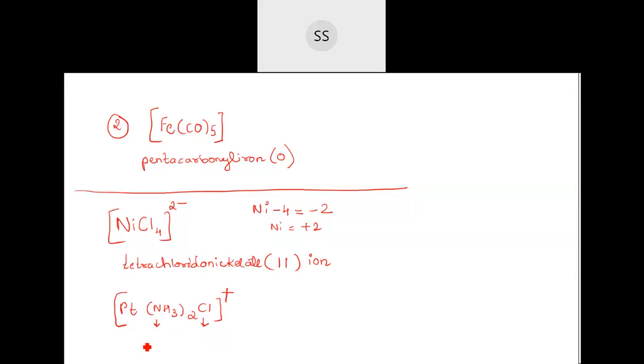Yes, very good. Many of them have answered yes. So it is diamine, then you have Cl, chlorido, and then coming to the transition metal. Since it is positively charged, you have to write the normal name of that.